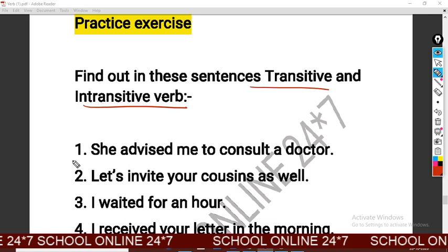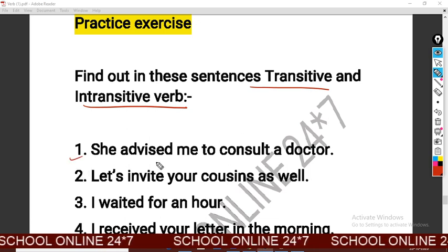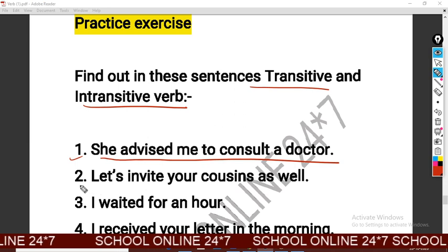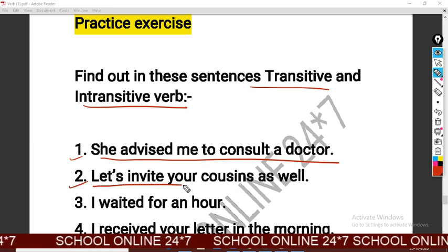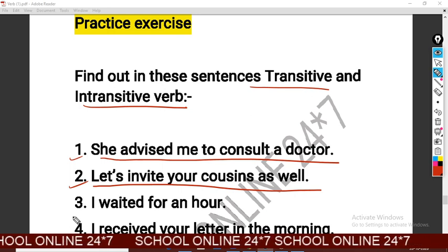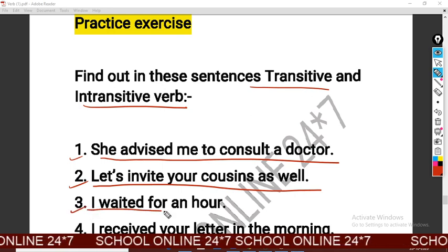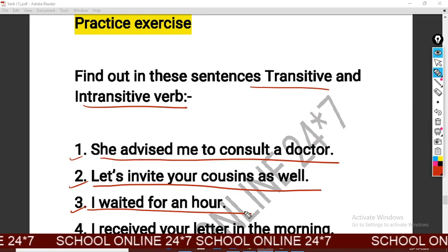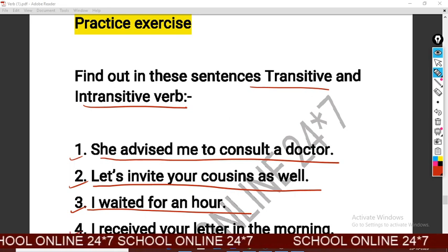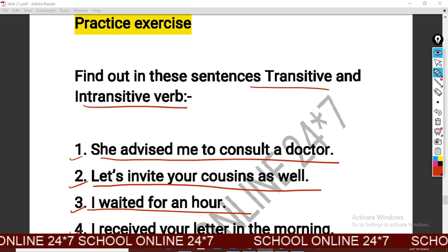For first sentence, she advised me to consult a doctor. Second sentence, let us invite your cousins as well. Third, I waited for an hour. Fourth, I received your letter in the morning.